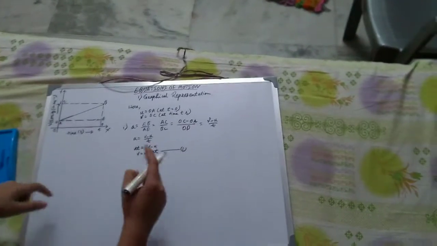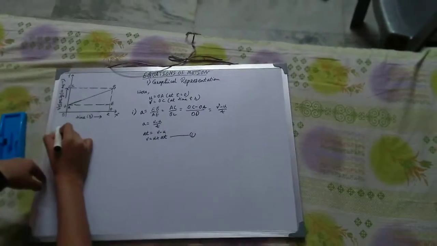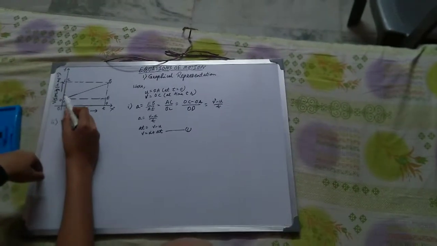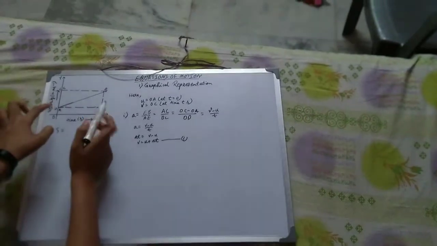Now let us prove the second equation. We know that the distance traveled equals the area of the trapezium OABD, which means the sum of the triangle ABE and rectangle OAED.